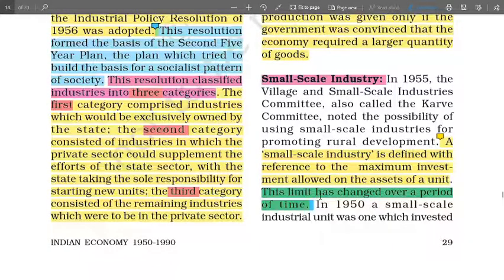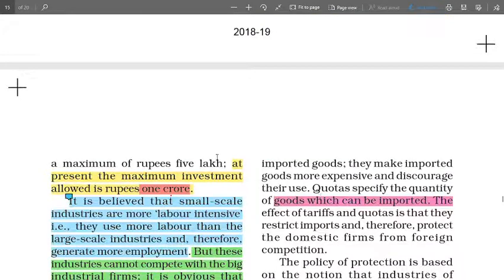In 1950, that threshold was set at 5 lakhs, but at present, the maximum investment allowed in small scale is 1 crore rupees. That means if you cross 1 crore rupees of investment, it's no more a small scale. Okay, so small scale is defined as industries where the amount of investment is equal to or less than 1 crore.